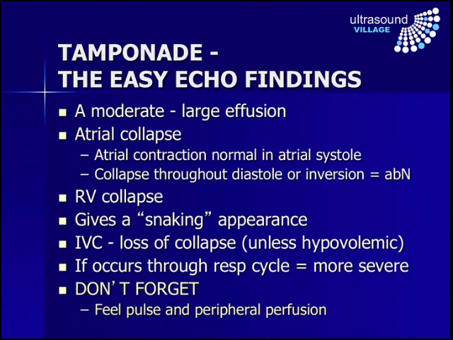And if this occurs throughout both inspiration and expiration, then you're talking about higher intrapericardial pressures, and you're talking about greater hemodynamic effects. Sometimes you'll only see this right-sided collapse during expiration, and it will disappear during inspiration. And that tells you that there is some effect, but it's not quite so great.